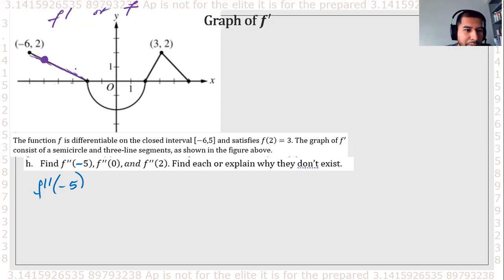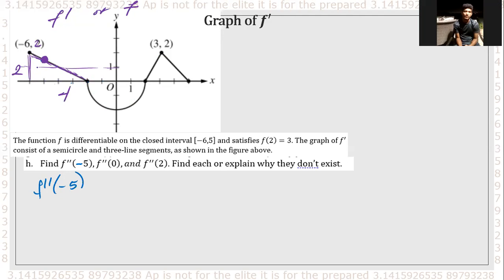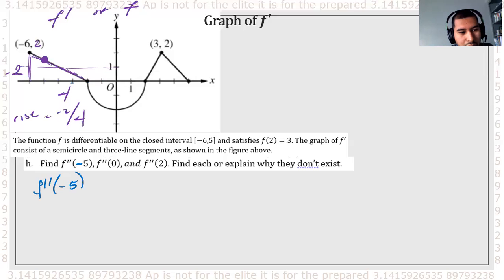Well, it's linear. We could count the slope, which looks like it's gonna be 2. It even says right here 2, and 1, 2, 3, 4. So it's gonna rise -2, and it's gonna run 4. So my slope here would be -1/2.